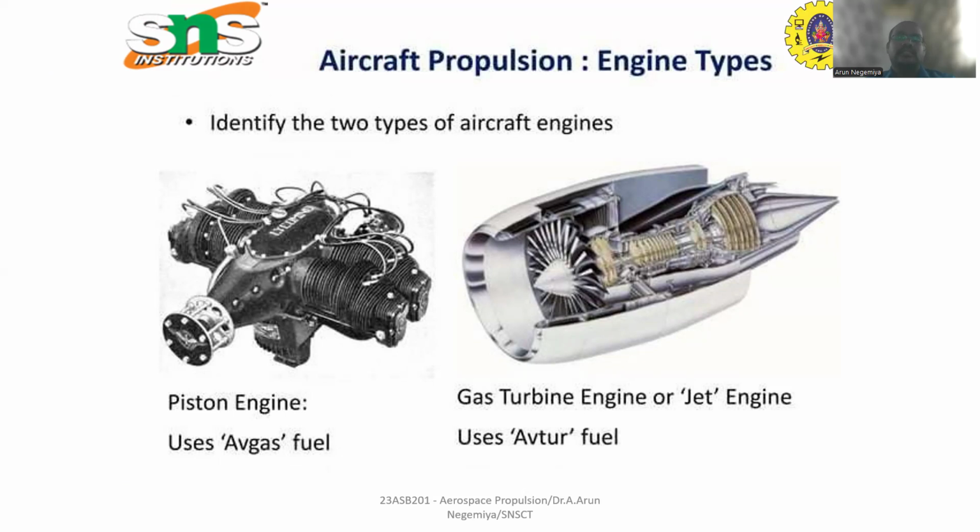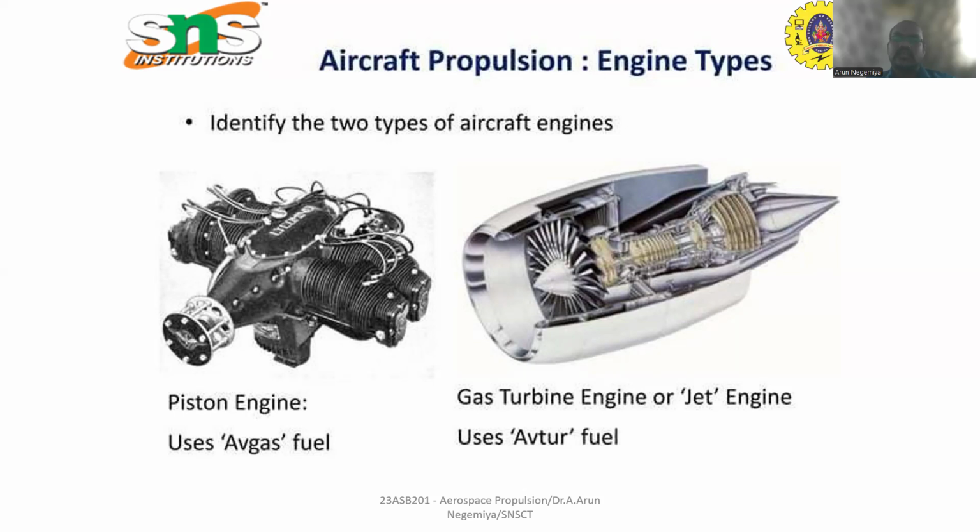In propulsion, we are going to take two different types of engines. The first one is the piston engine, and the second one is the gas turbine engine. Piston engines use avgas, while gas turbine engines use aviation fuels.